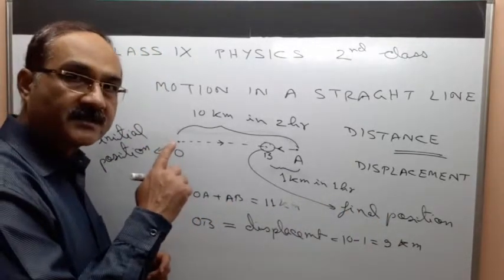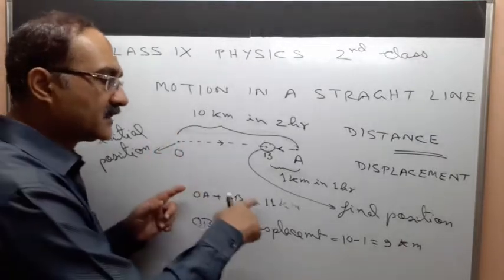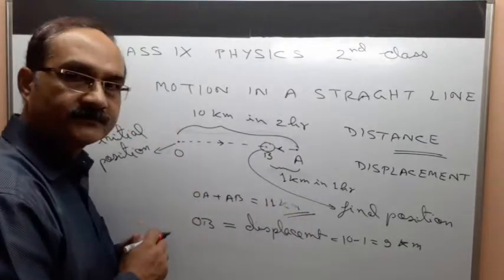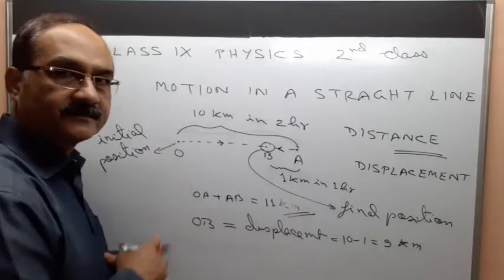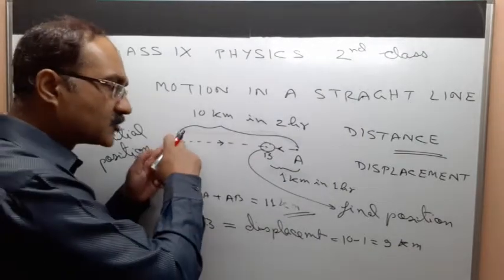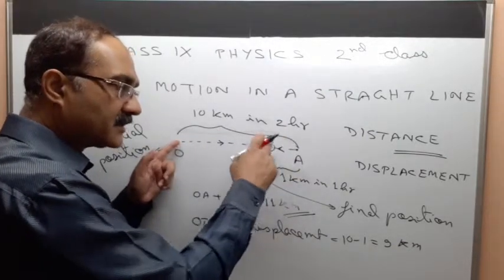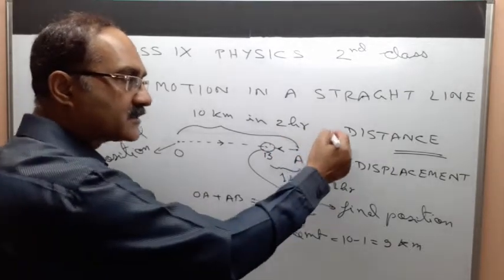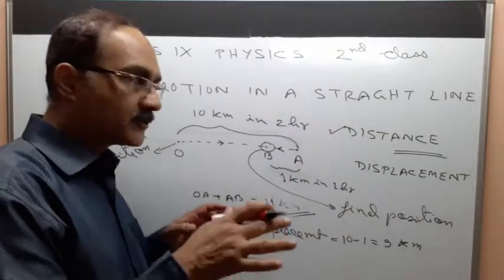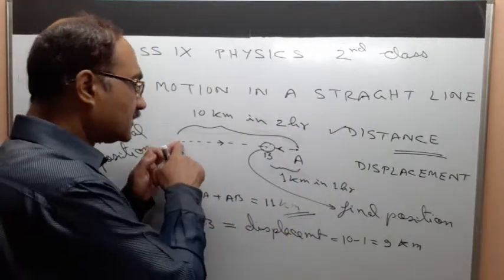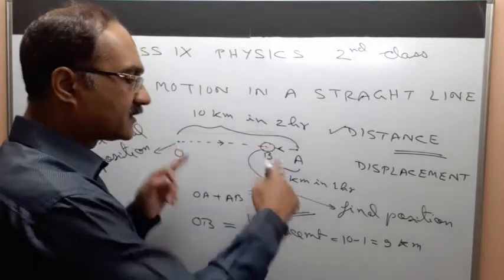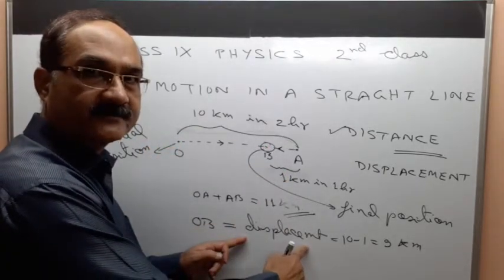What was the distance covered? Distance covered was 11 kilometers, 10 plus 1. That is the actual length of path traveled by the body is the distance, and the shortest distance between initial position and final position, that is the displacement.